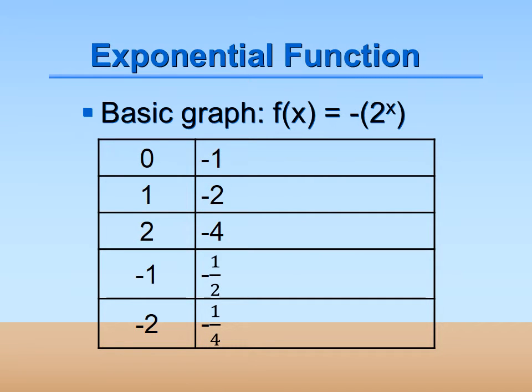Let's take a look at the graph f of x equals negative 2 to the x power. Notice the negative is on the outside, so we're going to do 2 to the x power first, and then we'll put the negative in front of it. So 2 to the 0 is 1, and then add the negative, we get negative 1. 2 to the first power is 2, but then times the negative, we get negative 2. 2 to the second power is 4, but with the negative, it's negative 4. 2 to the negative 1 power becomes 1 over 2, and with the negative, it becomes negative 1/2.